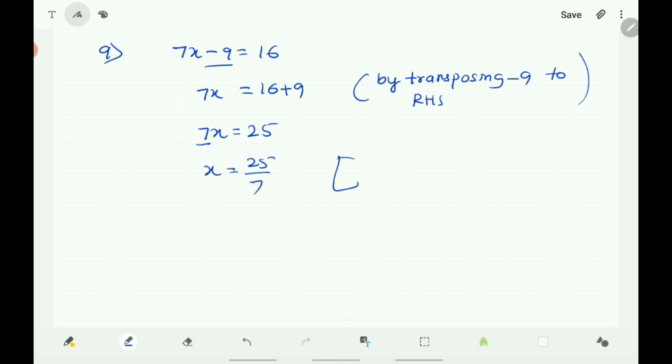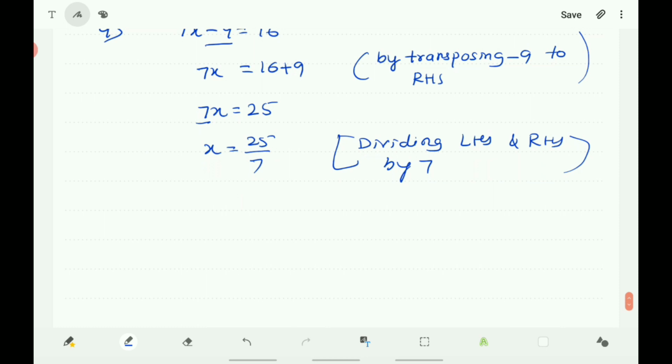What you have done? Dividing LHS and RHS by what? 7. So here you can keep it as it is, or otherwise you can convert it to the decimal expansion. So x equals 25 by 7 is the solution of the equation.